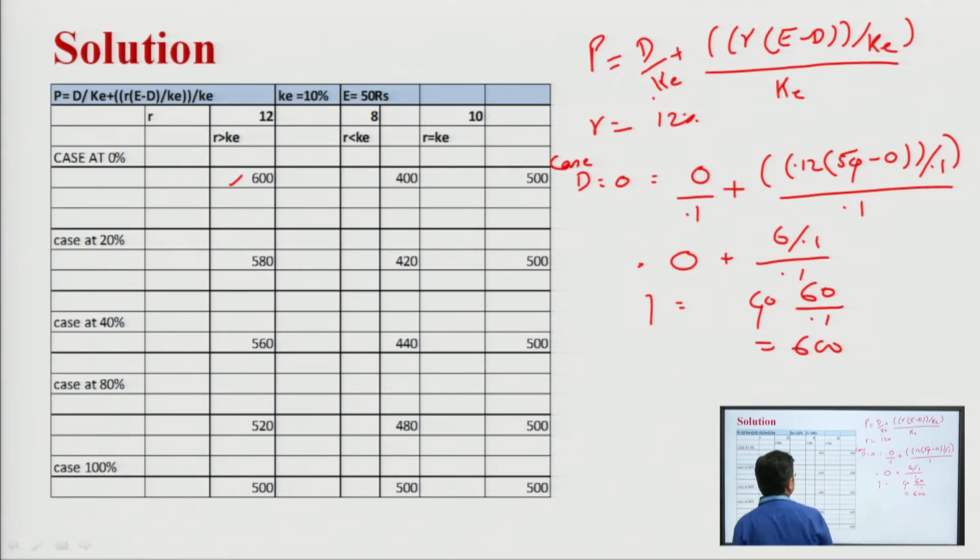Yes, this is 600. So, in first case when R is greater than K E and you are not paying the dividend, the value of P, the price of the share, is 600.